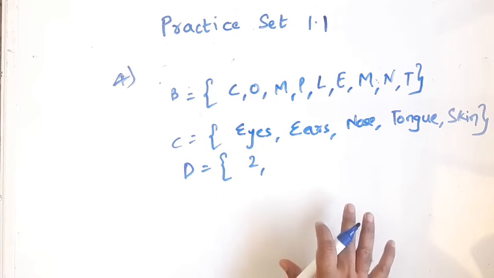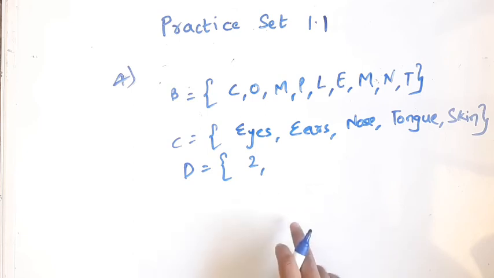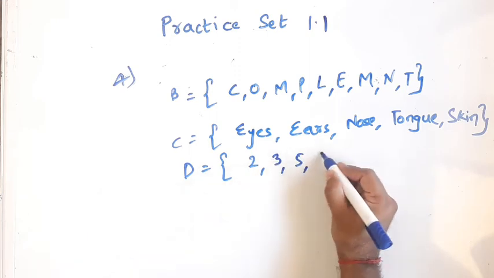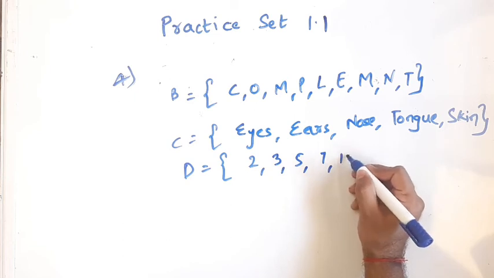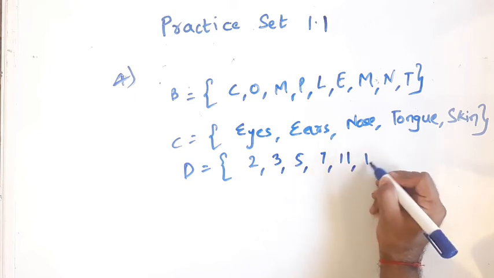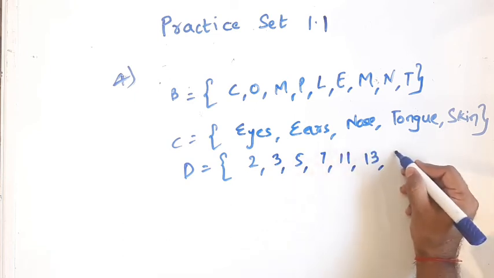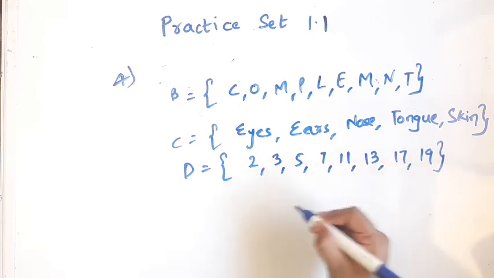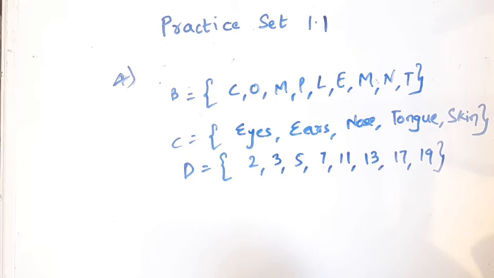It comes in only two tables, the table of 1 and the table of itself. Okay, so 2, 3, 5, 7, 11, 13, 17, 19. Okay, so these many prime numbers are there.